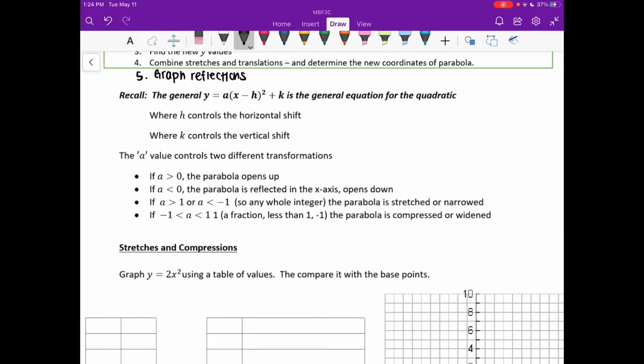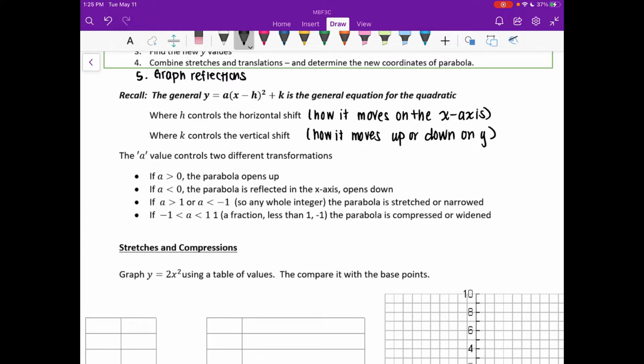You know that h controls a horizontal shift, so how it moves on the x-axis, right? And you'll know that k controls the vertical shift, how it moves up or down on y.